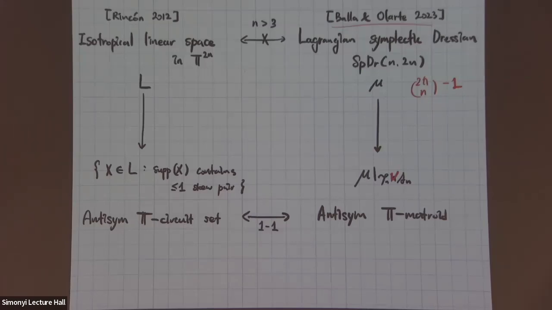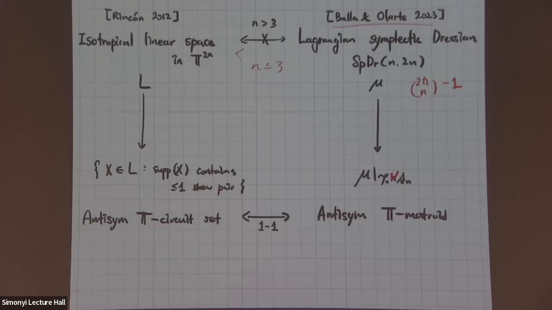If you collect all vectors whose support satisfies the condition of containing the most ones pair, then in the case of a field, it just forms the antisymmetric matroid, and this is also generally true for the valuated antisymmetric circuit set. In their paper, they show that those two concepts are equivalent when n is at most 3, but this is generally not true, if I remember correctly.